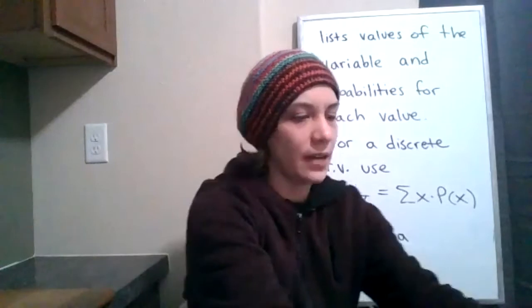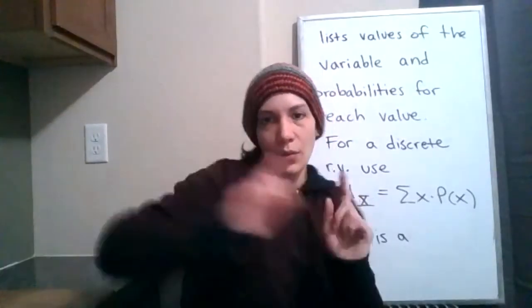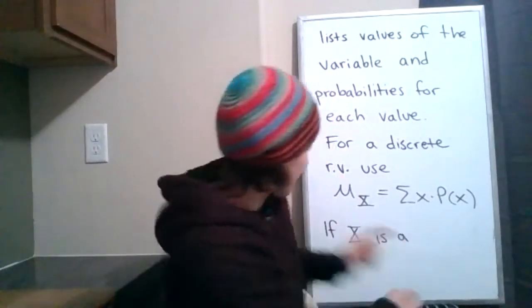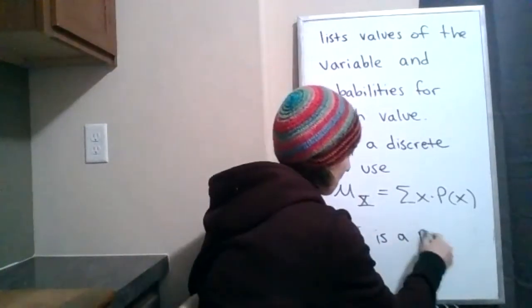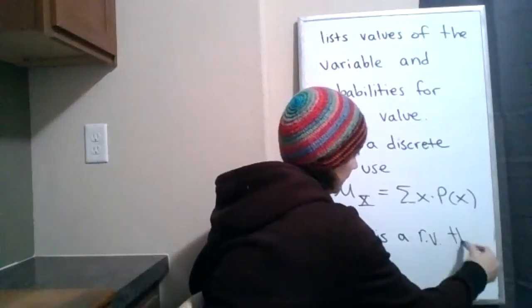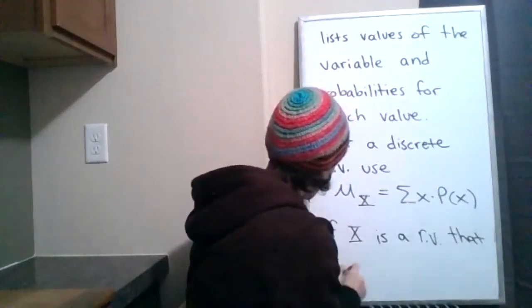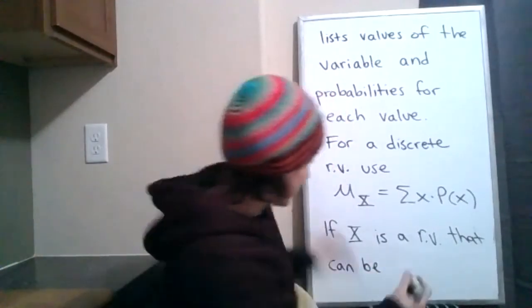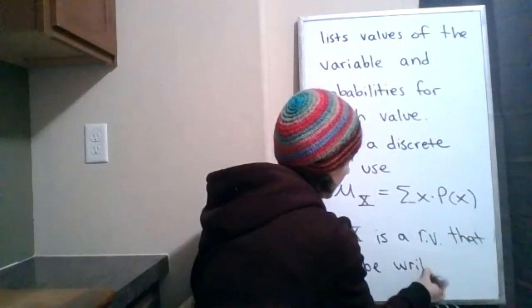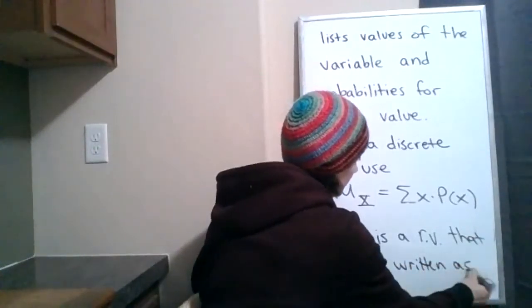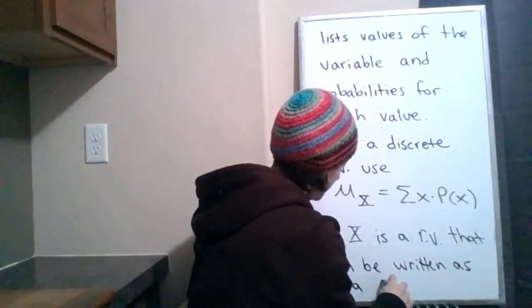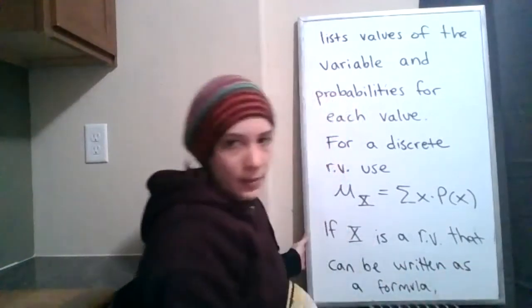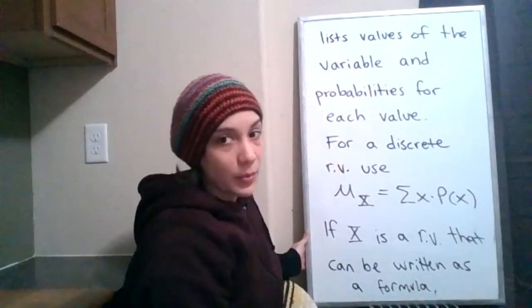For a random variable that can be described by a formula, written as a formula, I'm going to list a couple examples.